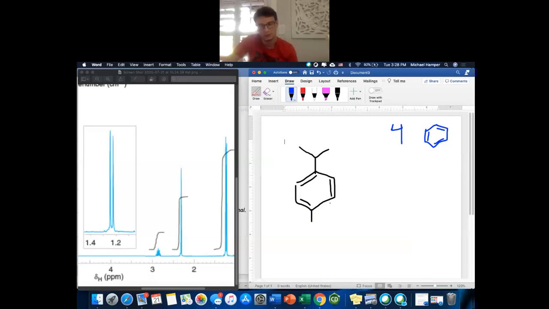This methyl will be our singlet because there are no hydrogens next to it to split through, so there's no neighboring hydrogens.